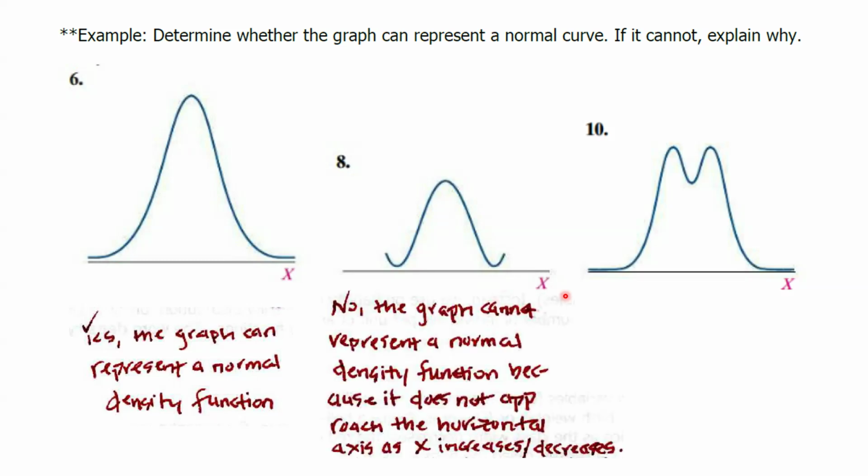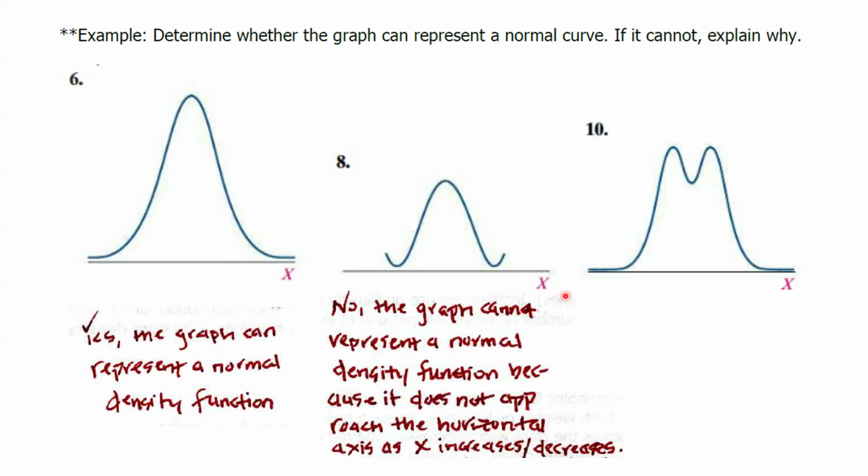Number 8 would not be a representation of a normal curve because the graph cannot represent a normal density function because it does not approach the horizontal axis as x is increasing and decreasing. So the ends of our curve are now curving up. So that's not taking the shape of a normal curve.